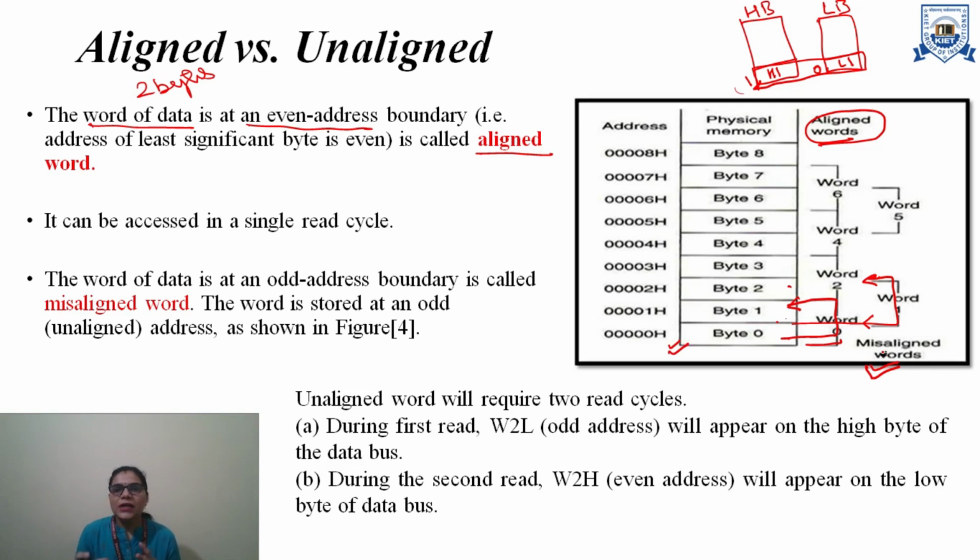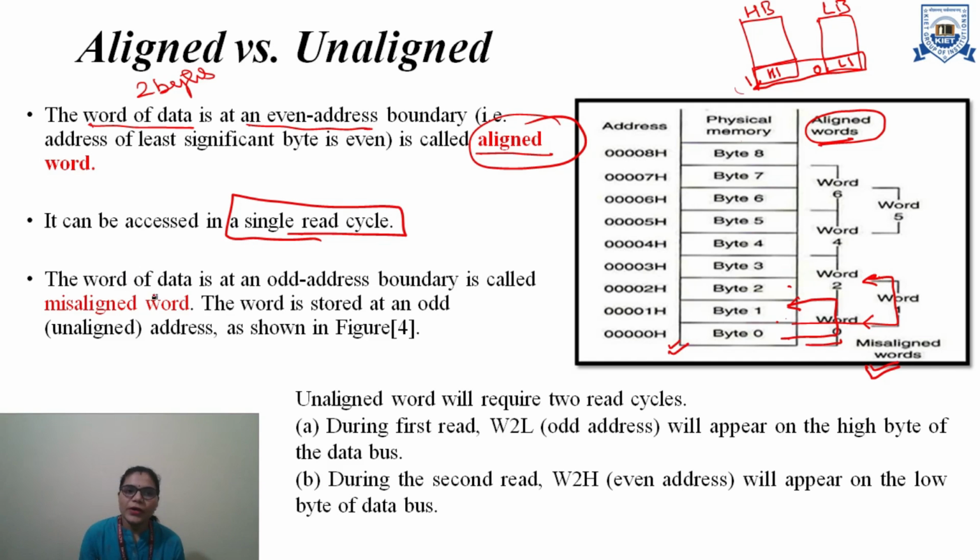So data can be stored in memory starting from the even address or starting from the odd address. Whenever the word is stored from the even address, the word will be called an aligned word, and a single read cycle will be used to access that word.